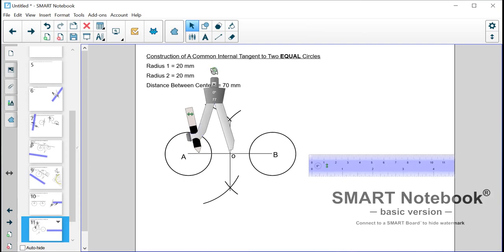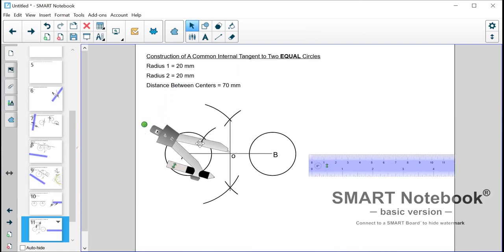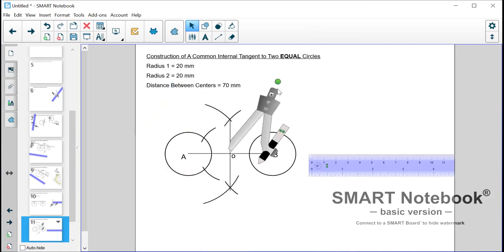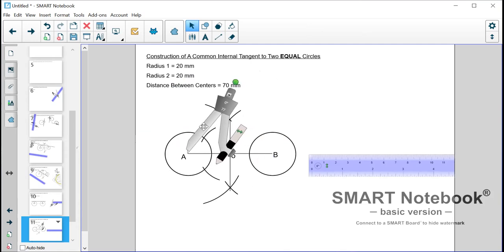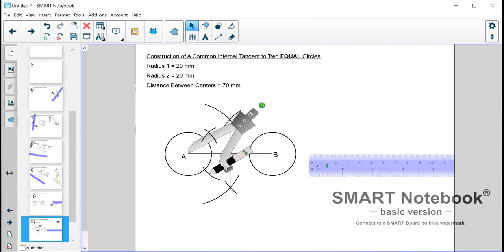Remember, that's following the steps in bisecting a line: you have to open to more than half, and then you scribe an arc above and one below. Then you do the same from the other end, which is A in this case, and you scribe arcs to intersect the first ones that you scribed from O.